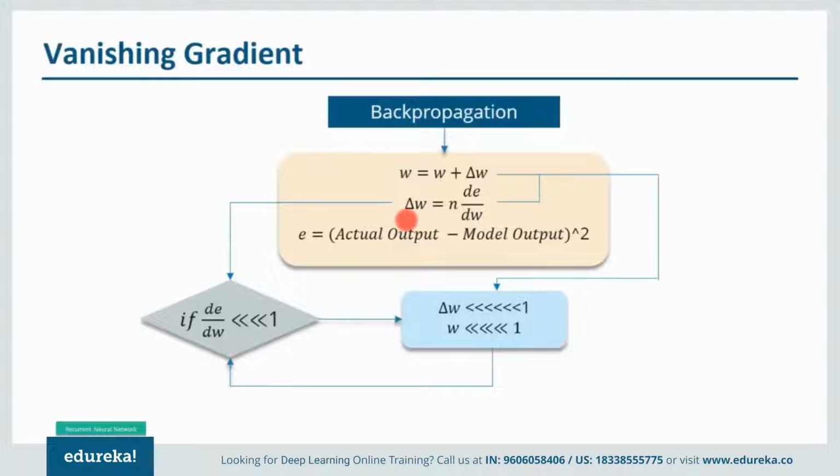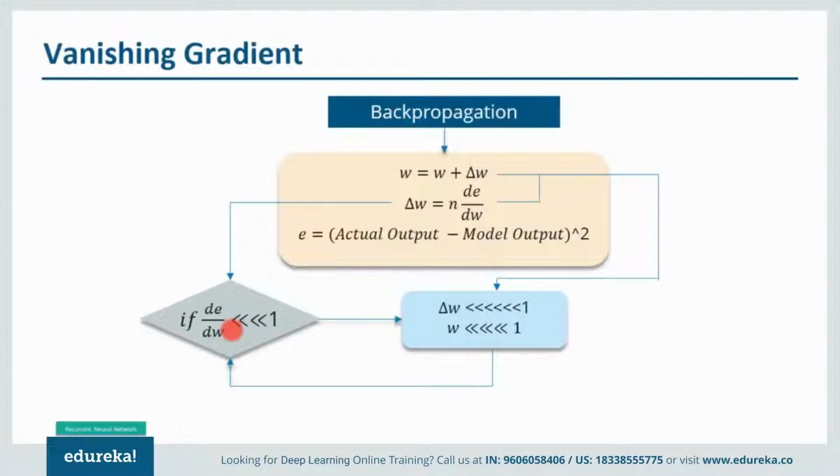For example, if I say I went to France, then there are certain words, then I say few of them speak dash. Now I need to predict what will come after speak. For that I need to go back in time and check what the context was, which will be very complex, and due to that there will be a lot of iterations, and because of that this change in weight will become very, very small. So the new weight that we'll get will be almost equal to your old weight. There won't be any updation of weight happening. And that is nothing but your vanishing gradient.